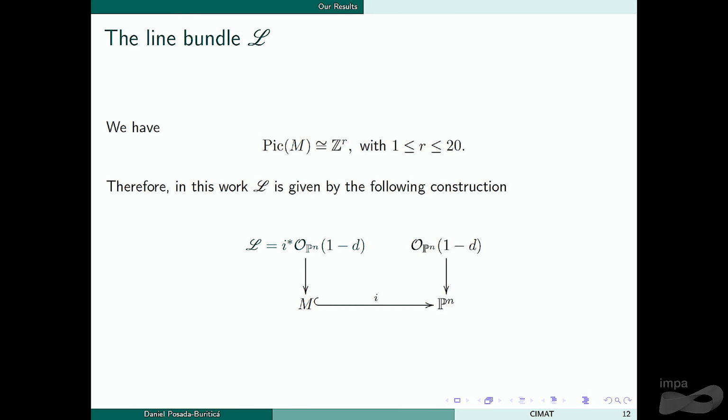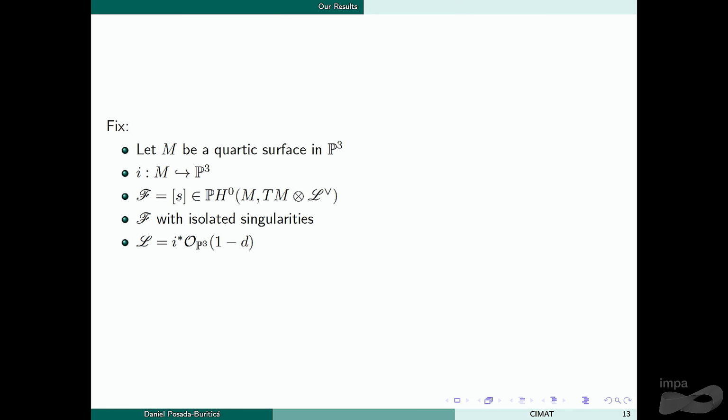Okay. We have the complex manifolds and we have the line bundles on the complex manifold. Let me fix the first example, a quartic surface in P3. With the embedding of the K3 surface in P3, consider a foliation by curves with isolated singularities, and consider that the tangent bundle of the foliation is given by the previous construction.